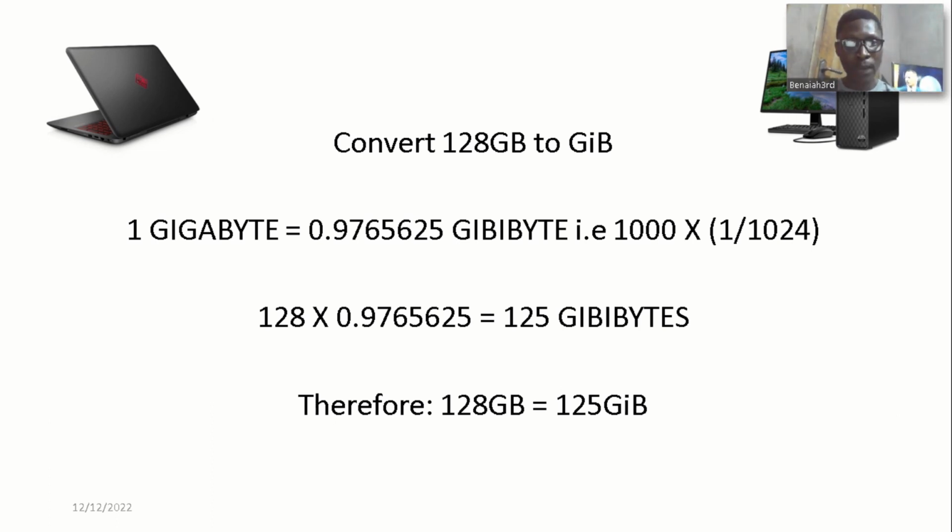It's not that you have been scammed. The computer does not understand decimal, so it is converting it with binary. That's why whenever you buy a storage device that is lesser than advertised, it means that the original value of it has been converted to gibibytes. So a 128 gigabytes flash drive is equal to 125 gigabytes in computer storage. I hope you understand this.